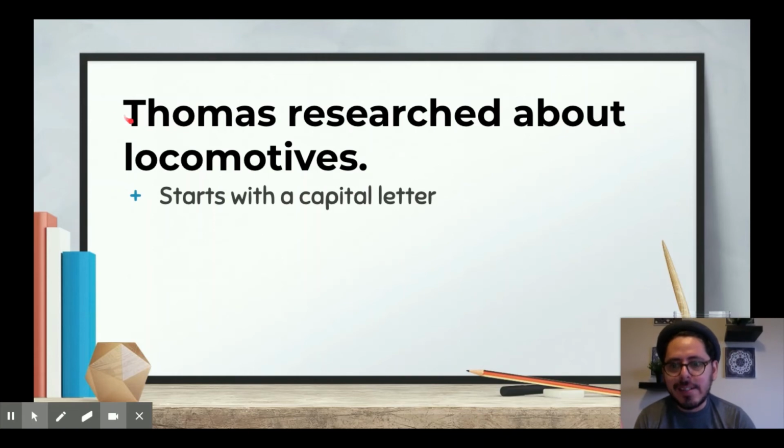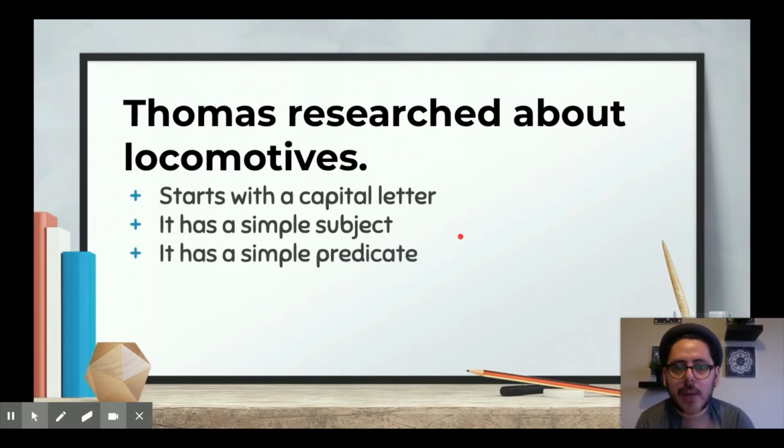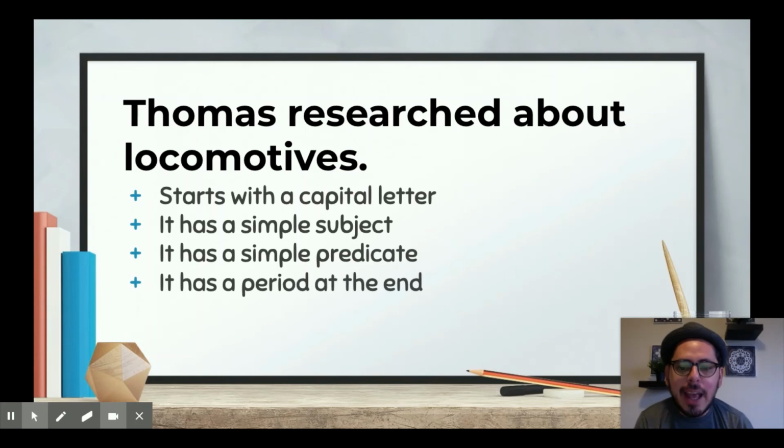So Thomas starts with a capital letter. Then it has a simple subject. Which one is the simple subject, people? If you said Thomas, you're absolutely right. It has a simple predicate. What is the simple predicate in this sentence? Yes, researched. Absolutely.